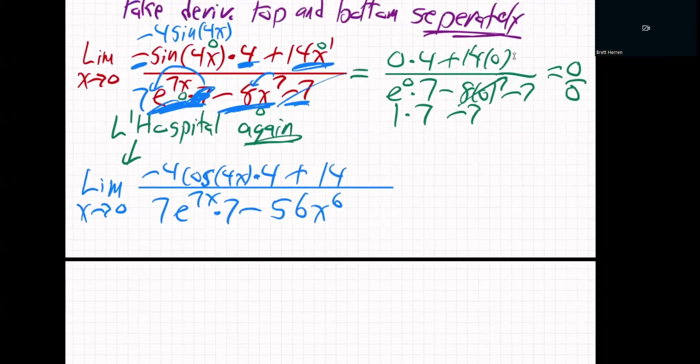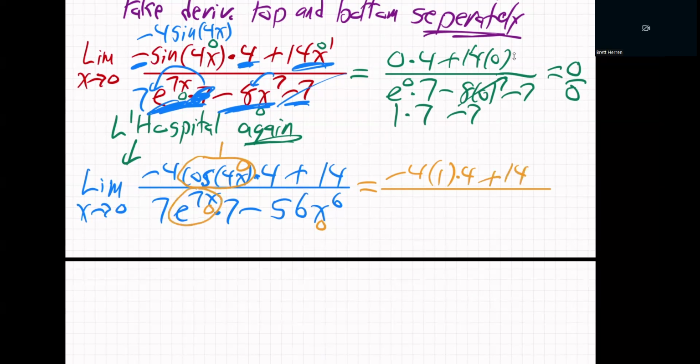All right, let's try plugging in the 0 again. 0 there, 0 there, 0 there. What do we get? That's 4 times 1 times 4. Making sense there? Because cosine of 0 is 1, plus 14.